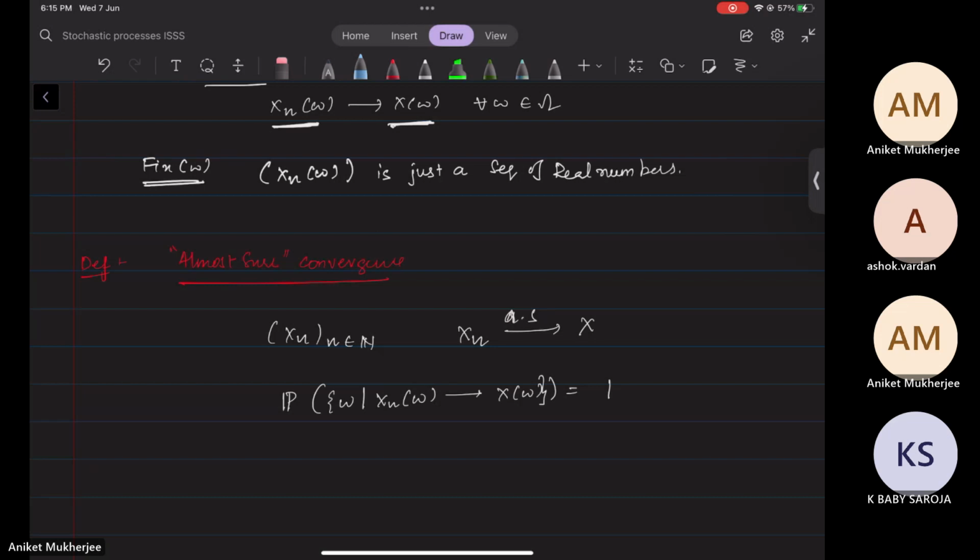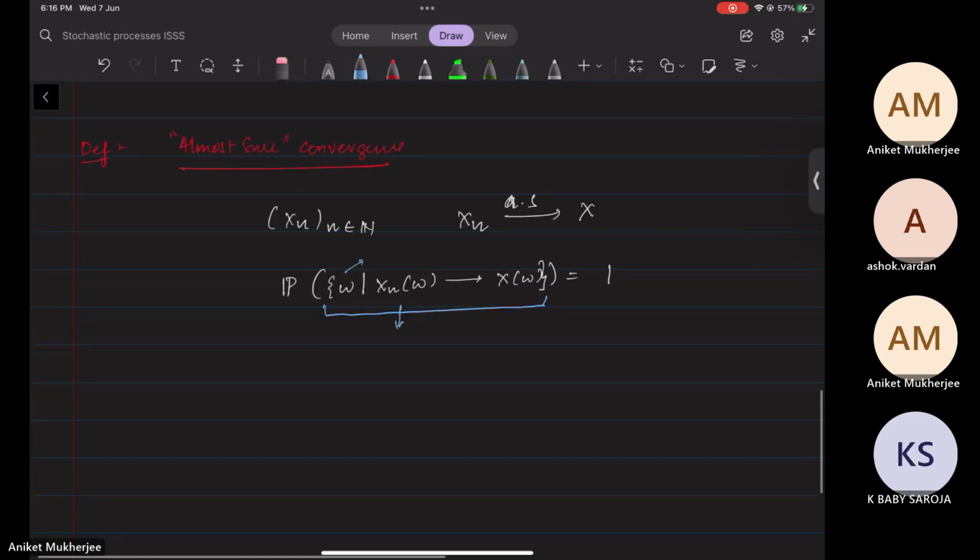You just want convergence in those outcomes whose probability is 1. This is the set of all the outcomes where you have convergence. Now, if that set of outcomes has a probability of 1, then you say that the sequence Xn converges to X almost surely. So I'll show you some examples later.